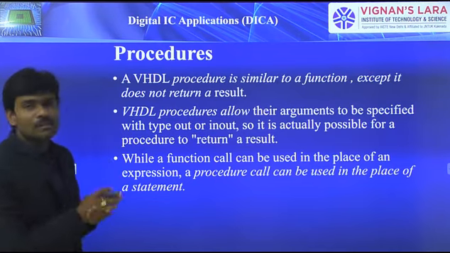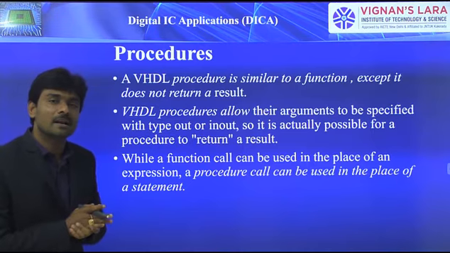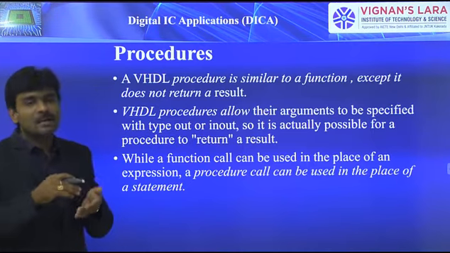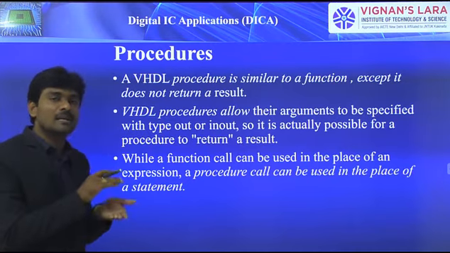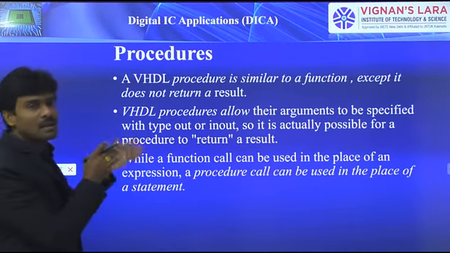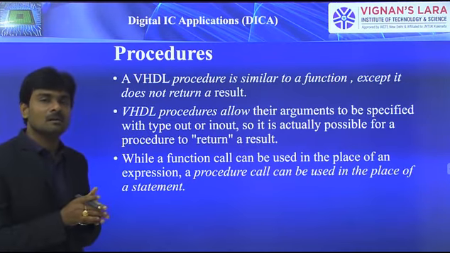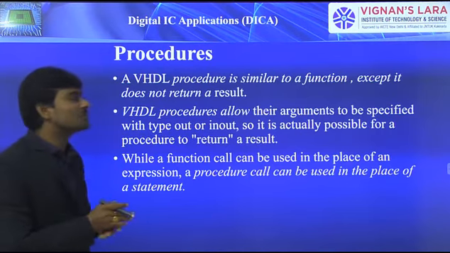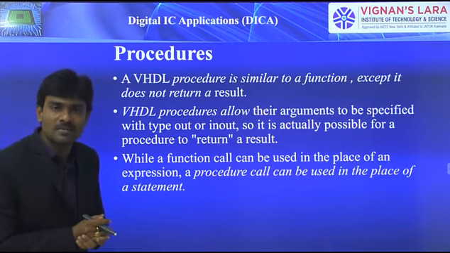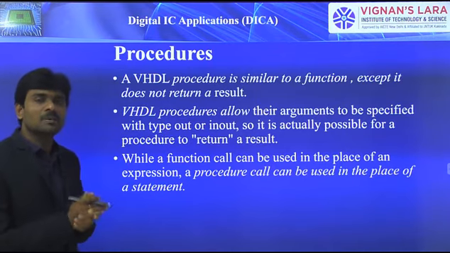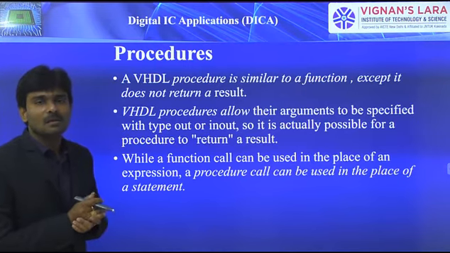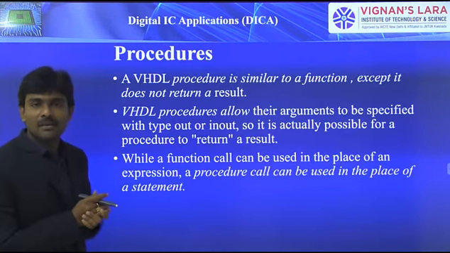Then how can you access the values which were generated within a procedure? While coming to a function, by means of a function call, it is going to return the result value, but as I mentioned here, a procedure does not return a result. Then how can we read the values which were generated within that particular procedure? So in a procedure, like functions, we can also define the arguments. So in functions, what are the arguments we described previously?